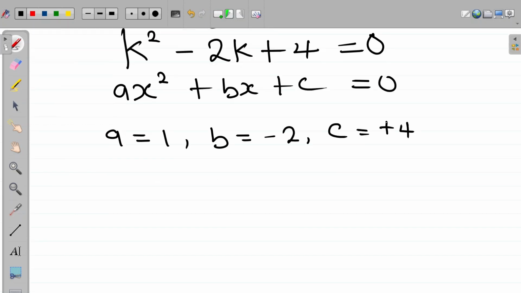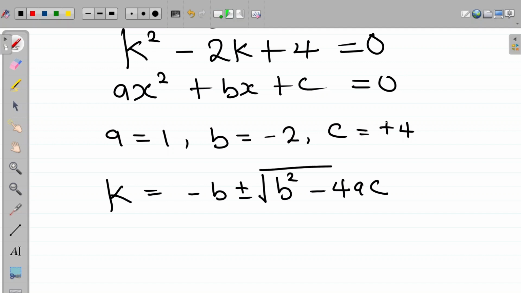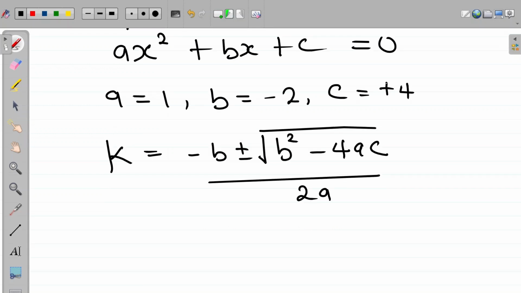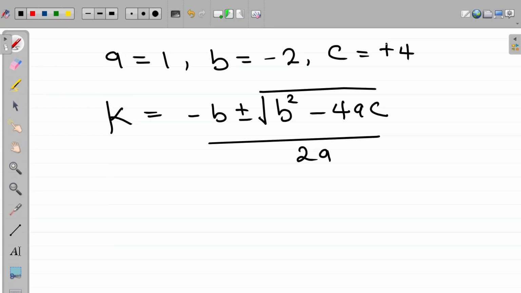Now, from our general equation, we have that k will be equal to minus b plus or minus root of b squared minus 4ac all divided by 2a. Now, let us substitute the values of a, b, c into our equation.